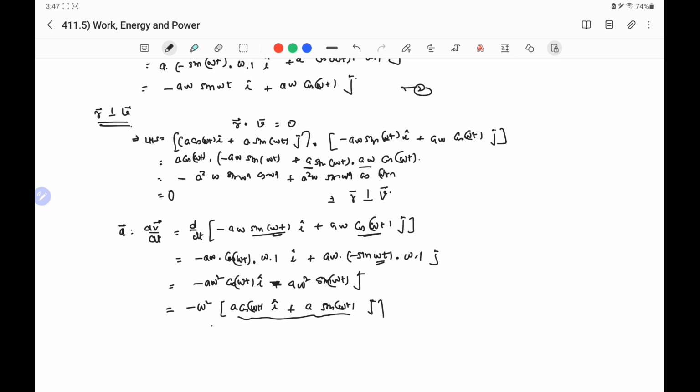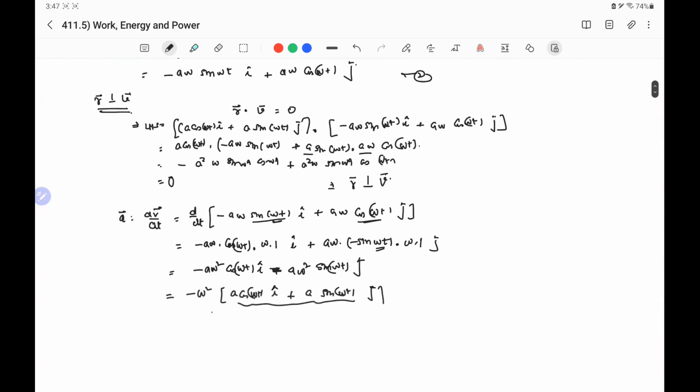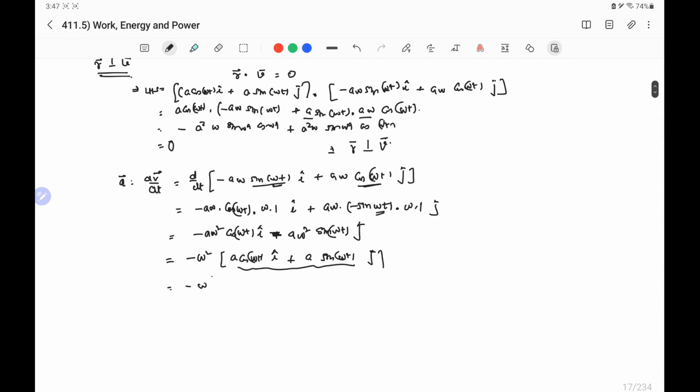And this term is the position vector, so we can write it as minus omega square into r. So acceleration is minus omega square r. Here we can see that acceleration is along the radius vector, but it is directed towards the origin. That means acceleration is in the opposite direction to the radius vector.